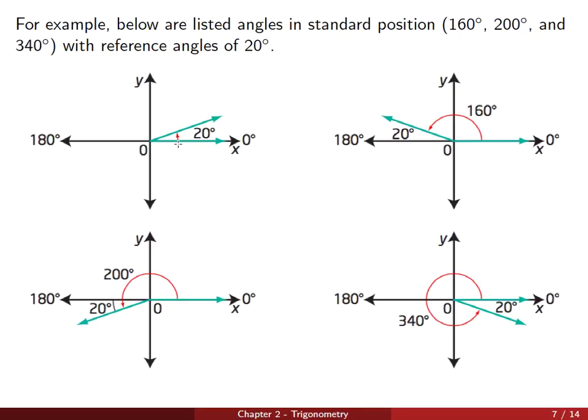So here are some pictures. All of these angles have a reference angle of 20. You can see the difference. Here's the terminal arm, and the terminal arm is over here. Different positions, but the reference angles are, of course, the same.